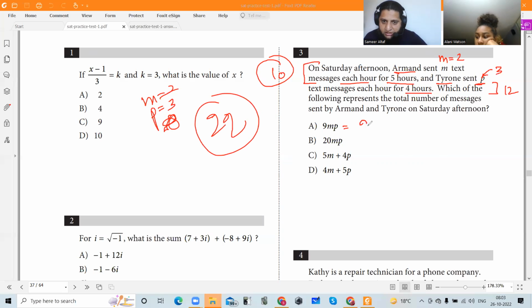Let's take option A, 9 times 2 times 3. Is that 22? No, it's not. Let's check option B, 20 times m, where m is 2 and p is 3. Is that 22?